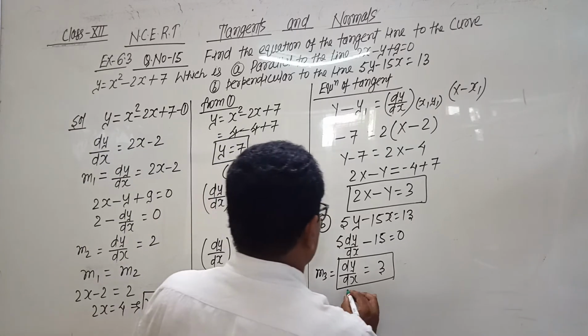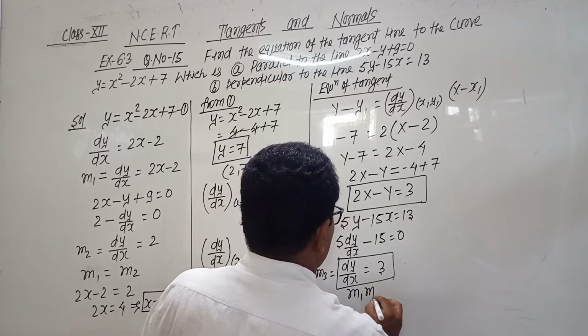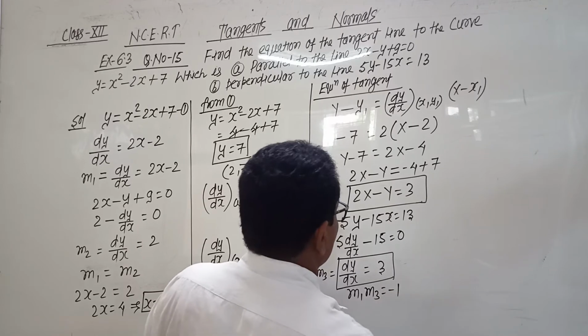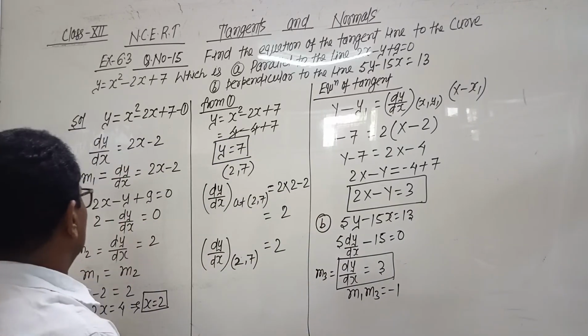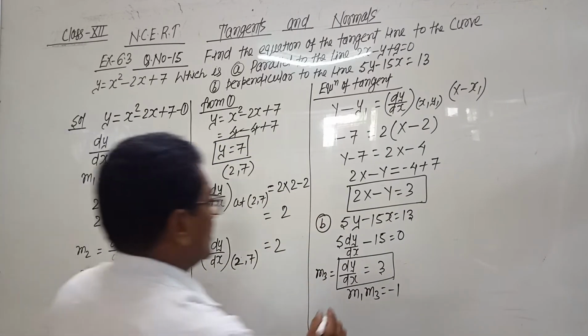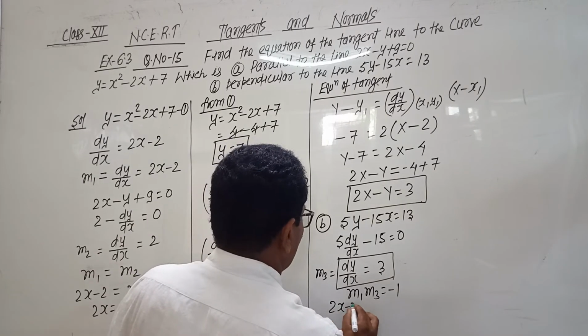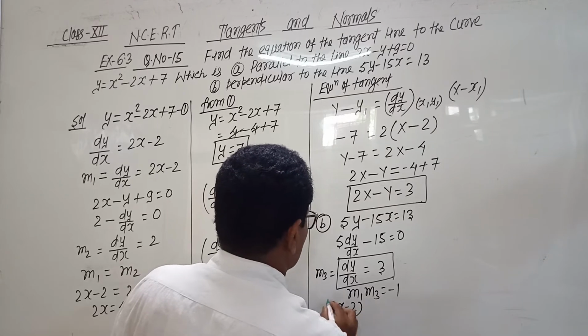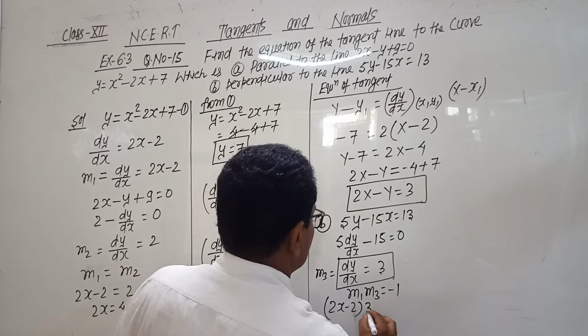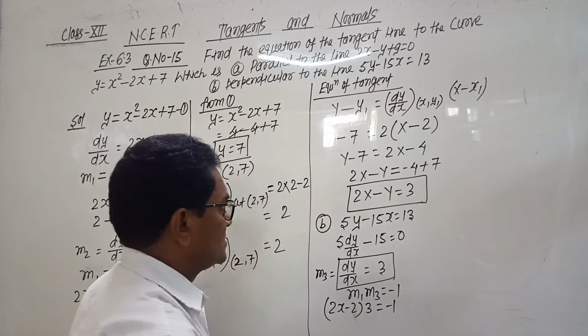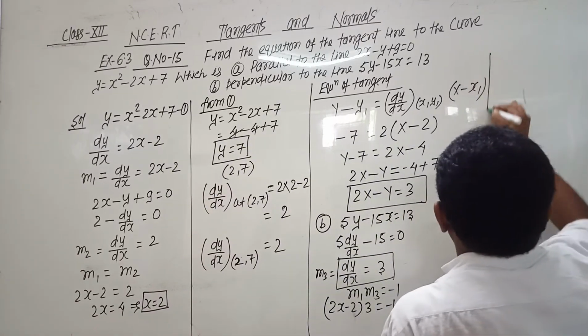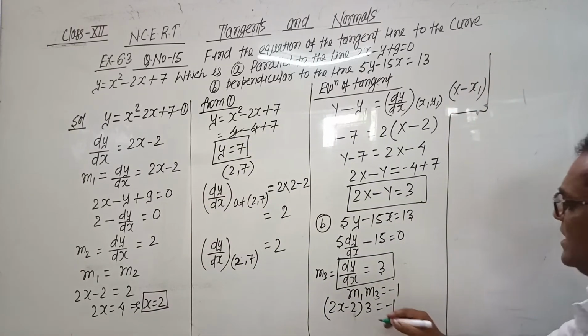So according to the question, m1 into m3 equals minus 1. The value of m1 is 2x minus 2, and the value of m3 is 3. This equals minus 1. We solve this and find the value of x.